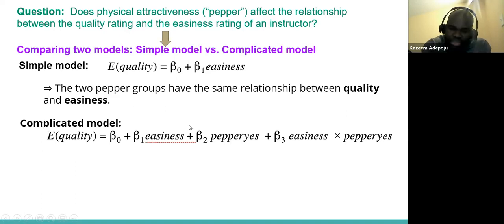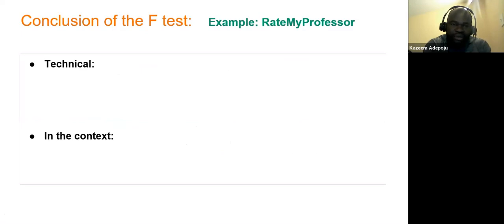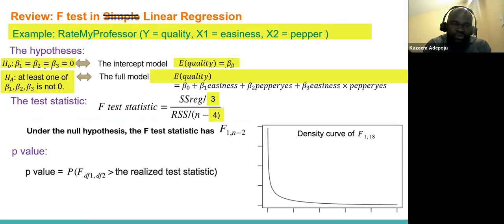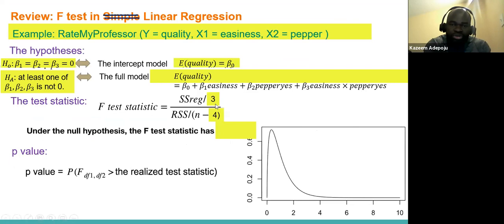Even the one we went through before, they are also nested. The intercept is nested in any model. I'm going to show you right now. The one we did before. Take a look at this. The beta naught here is also found here.